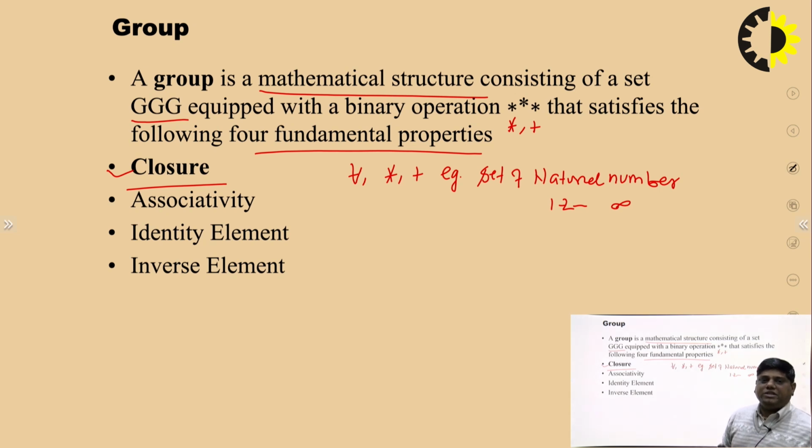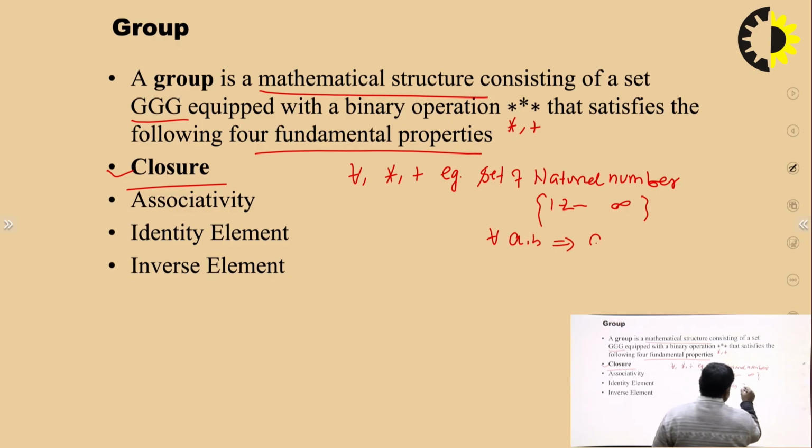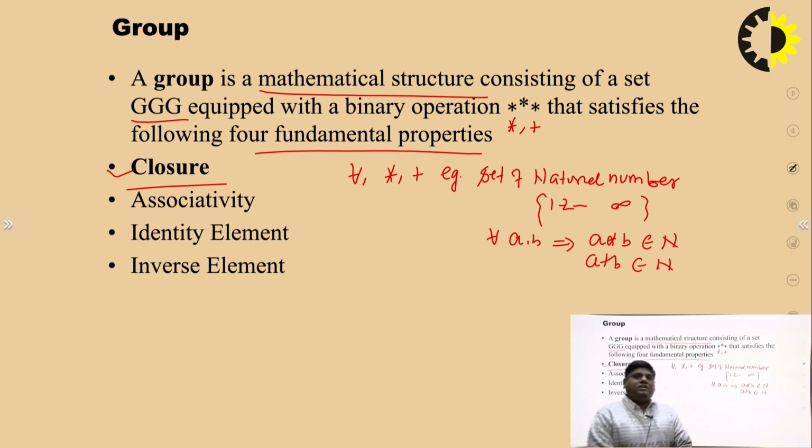If the multiplication of the two numbers and the addition of the two numbers also belong to the same set, then we can say that the mathematical structure follows the closure property. It means for every a, b, such that a into b is also an element of N and a plus b is also an element of N, then the structure follows the closure property.